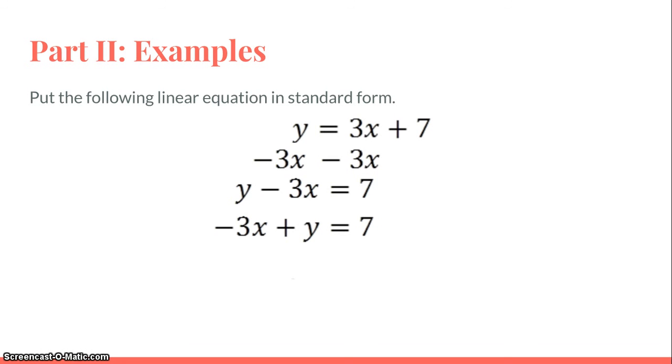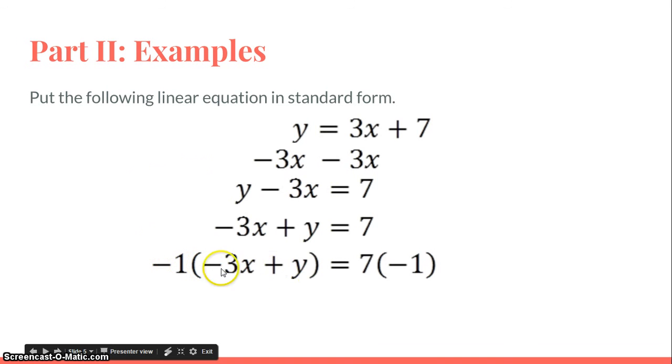A lot of students will get to this point and say, okay, I've got my x term first, my y term second, I'm finished. But remember, we have that list of rules, and one of the first ones is that a cannot be negative. So we have to make a positive, and the simplest way to do that is to multiply both sides by negative 1. Once we do this, you'll notice I've got the parentheses on the left and right side.